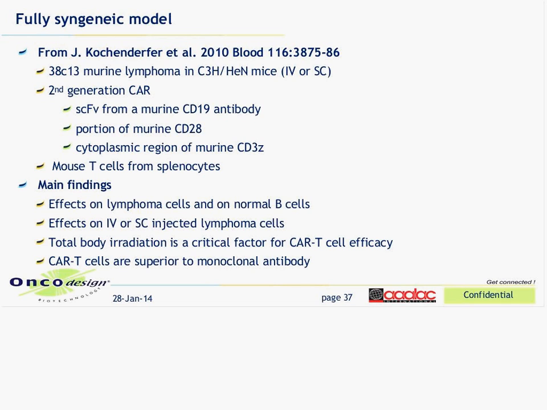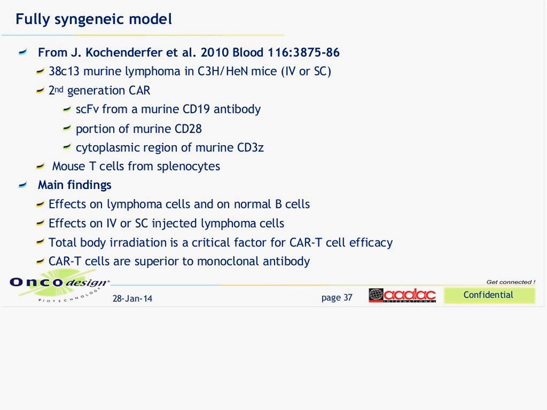The main finding in this case is that the CD19 CAR T cells are really effective to target lymphoma cells, but also the normal B cells that for sure express CD19.